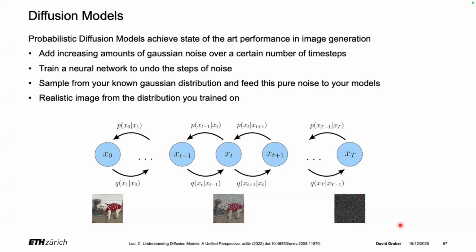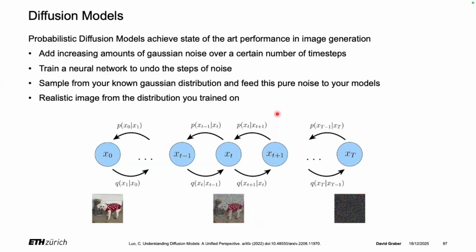And this works in a way that they add increasing amounts of Gaussian noise over a certain number of time steps. At intermediate time steps, you might still have images that have a clear resemblance to your input image. Then if you add more time steps, at some point you have basically erased all the information from that image. And then you just train a neural network to undo these steps of noise.